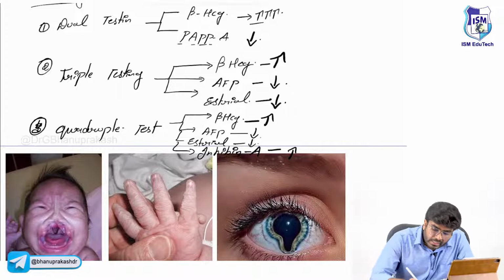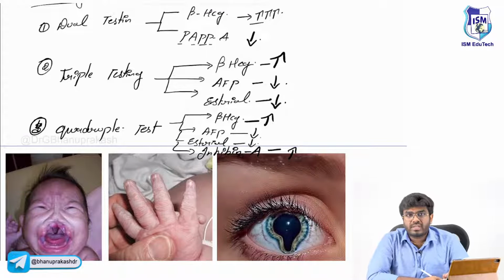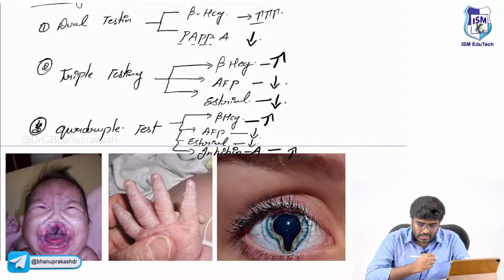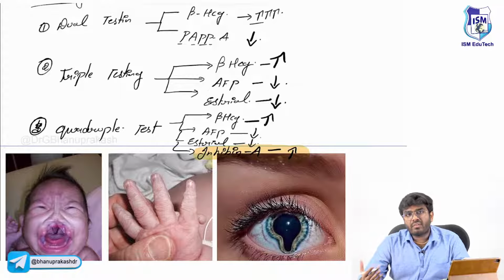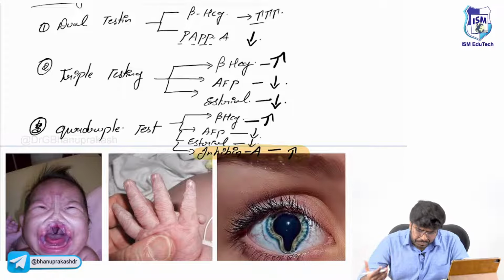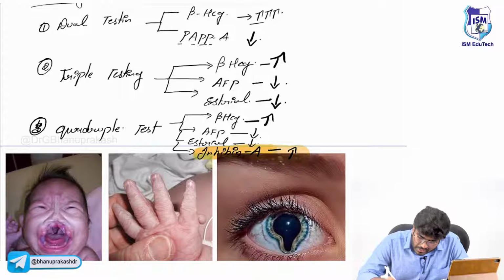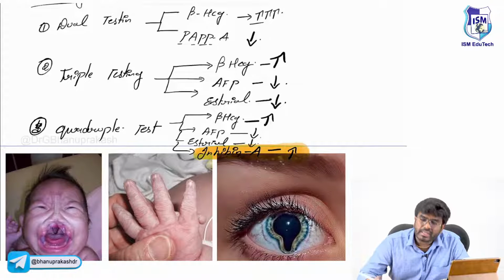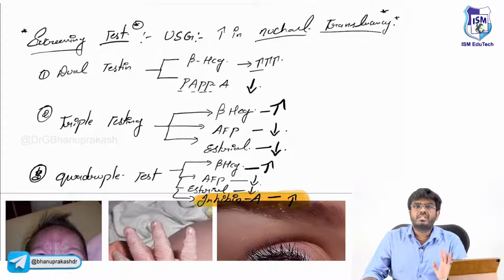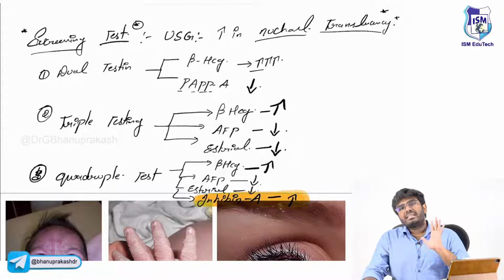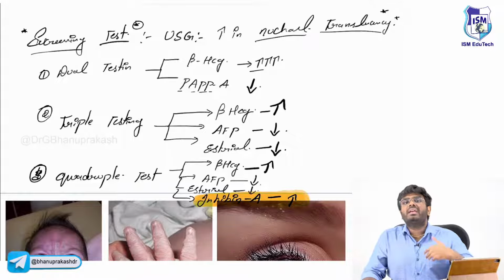This was a question asked in the 2019 June exam. So in quadruple testing, along with beta HCG, alpha fetoprotein and estriol, what is the fourth marker? The fourth marker is inhibin A. So dual testing, triple testing as well as quadruple testing are the screening tests by which you can say that the baby is suffering with Down syndrome.